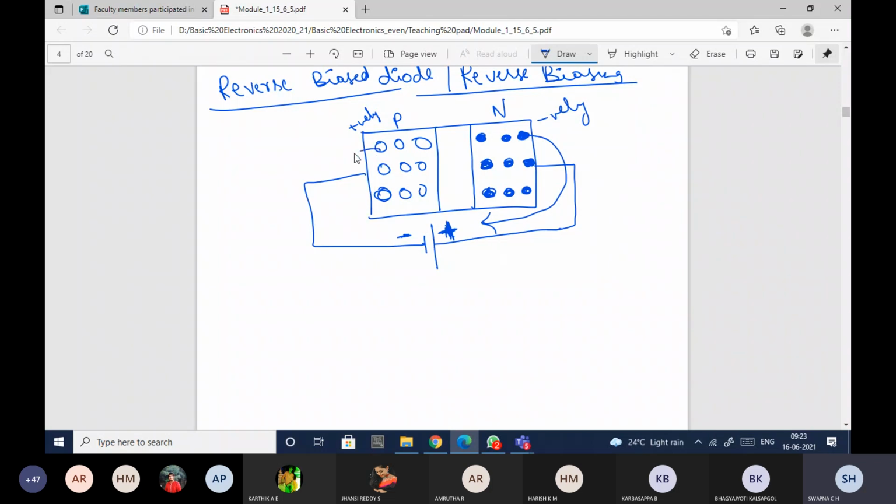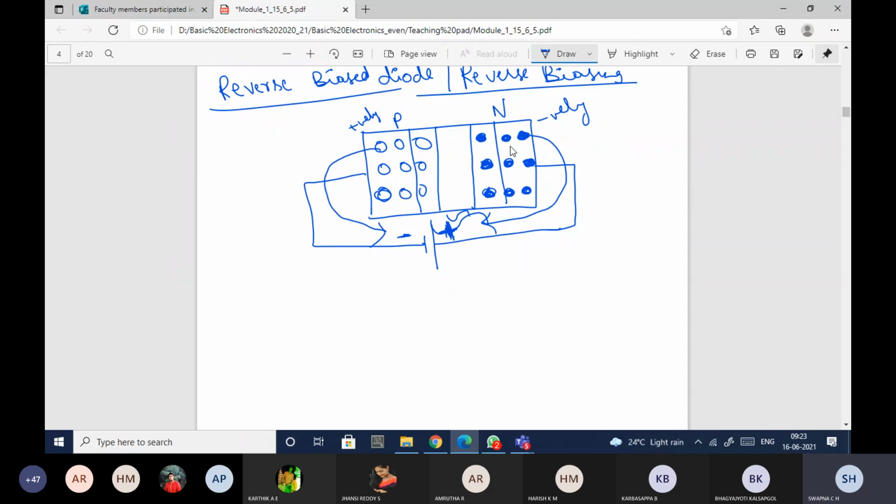In the same way, the holes will be attracted towards the negative terminal, because of which the depletion region will increase. If this was my potential barrier initially, now the potential barrier is increasing like this. So the depletion region is increasing, which further increases the barrier voltage. Because of this, is there any electron movement from N side to P side here?